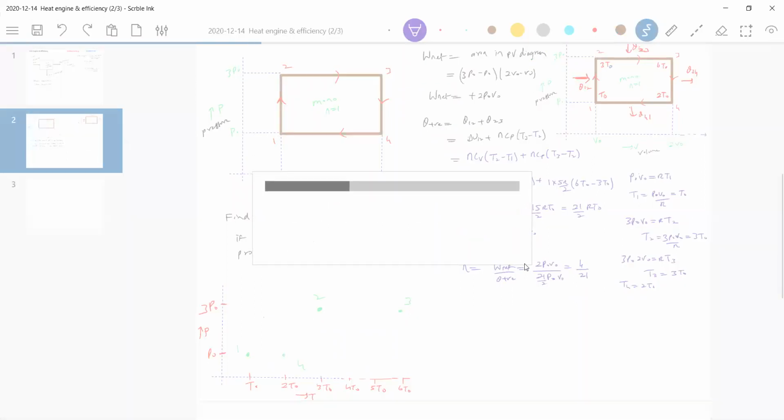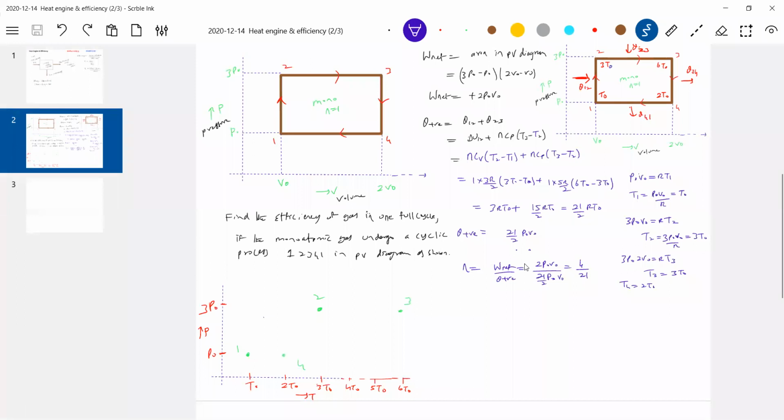Now, next, from 1 to 2. What is 1 to 2? Isochoric process. In PT graph, isochoric process is a straight line passing through origin. 2, 3, isobaric heating, horizontal line in PT graph. 3, 4, isochoric cooling, straight line passing through origin.